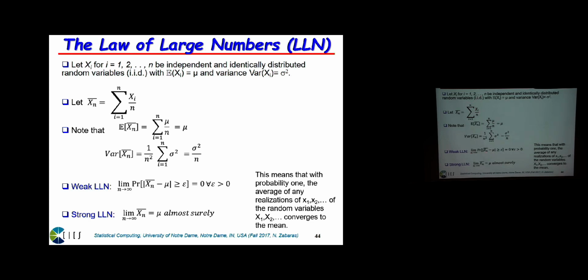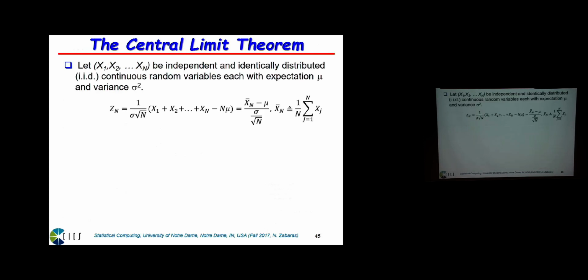So as n goes to infinity, what happens? What is this x n bar? The sample mean approaches, basically with probability 1, the actual mean of the distribution. Okay?